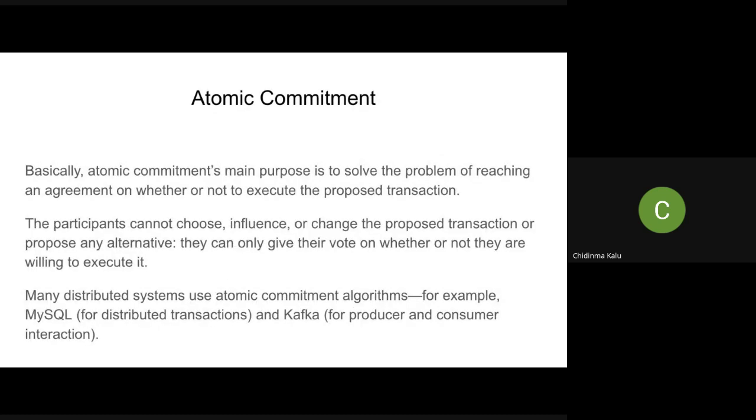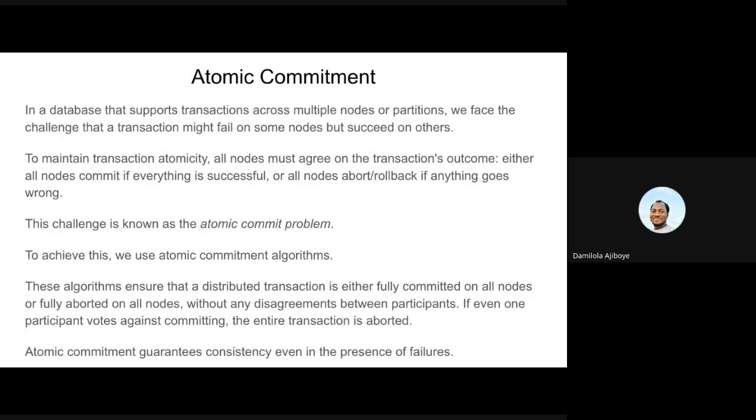Yes, Damila. Hi. So one thing I found confusing was the distributed transactions. What nodes are we trying to accomplish this on?